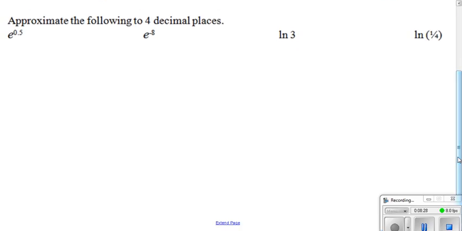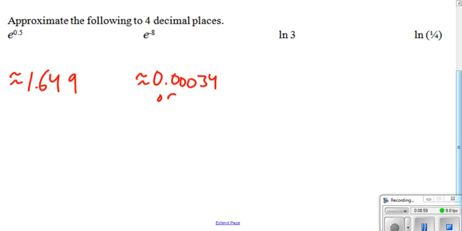So if we needed to approximate the following values to 4 decimal places, again, you just plug these right into your calculator. So if we did e to the 0.5, that one's going to come out to approximately 1.649. e to the -8 would be approximately 0.00034, or in scientific notation, we'd write it as 3.355 times 10 to the -4th.